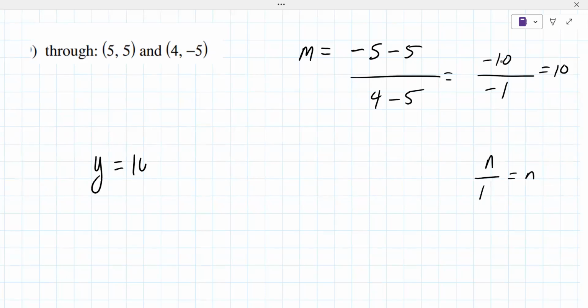And then you write y equals 10x plus b. I'm going to suggest you use this first point here.